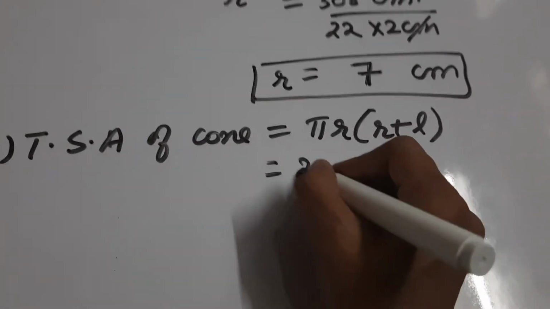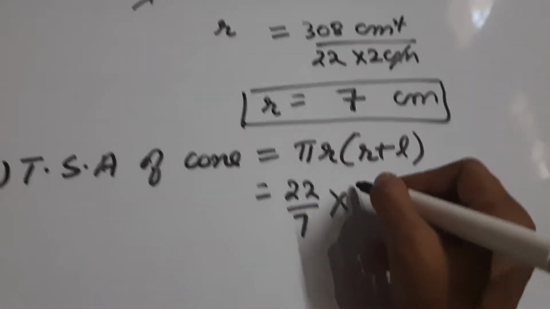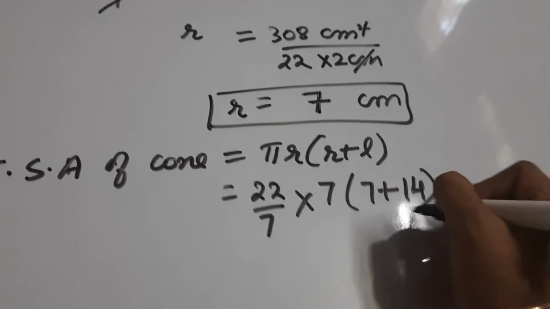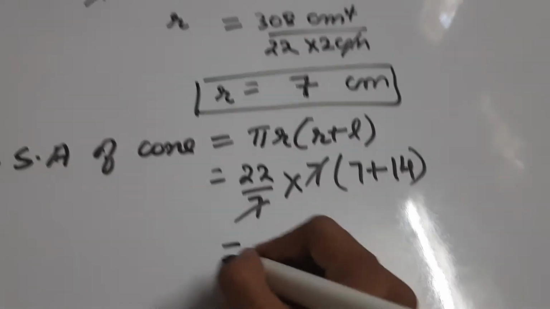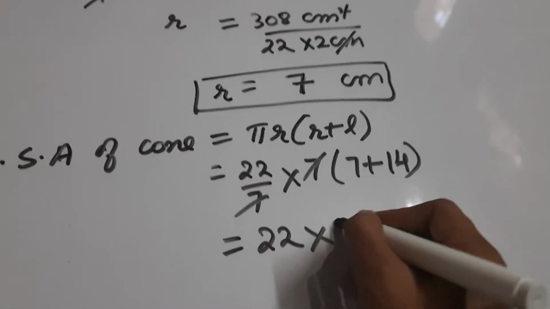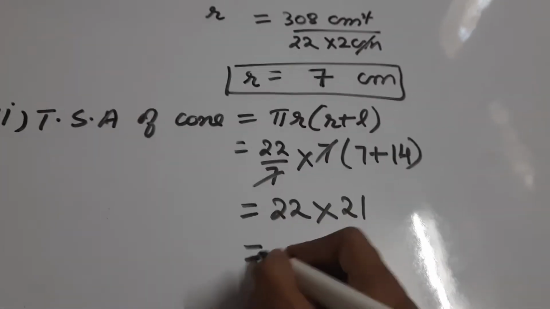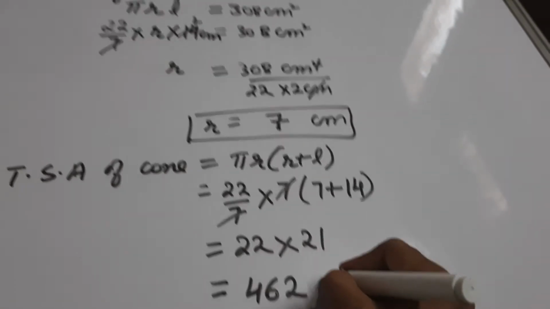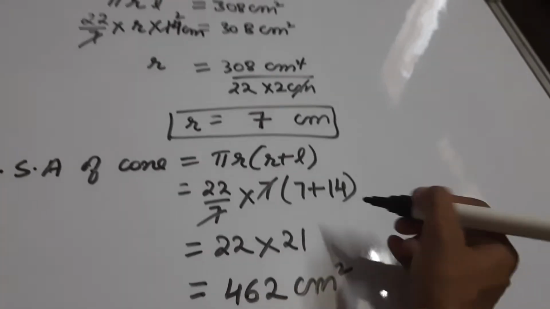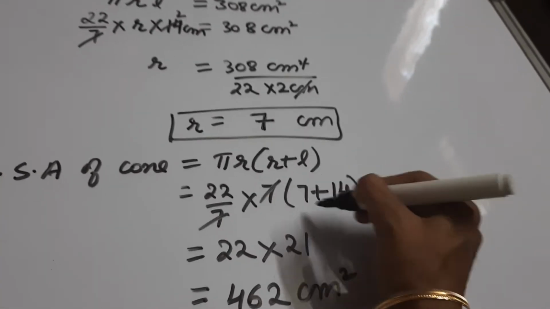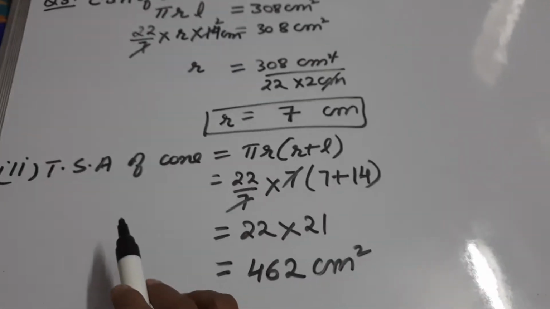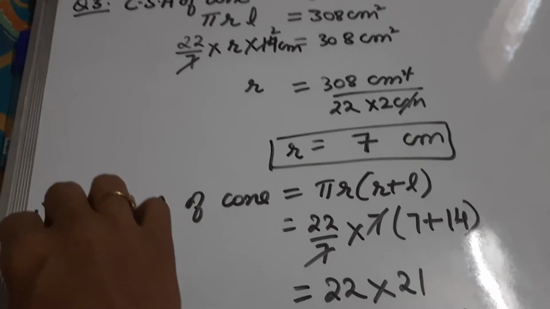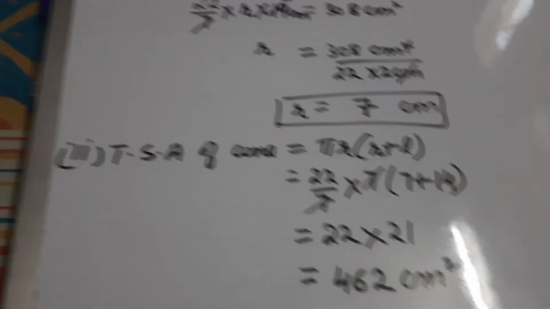So let us put the values. 22 by 7, radius is 7, into 7 plus 14, the slant height given to us in the question. 7 and 7 cancel. 22 into 21, and by solving it you will get the answer as 462 centimeter square, right? Anyway this is an area, so we have to write the units as this. So write in this way, you will be able to do this question.